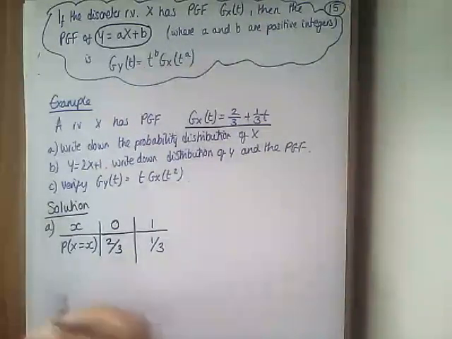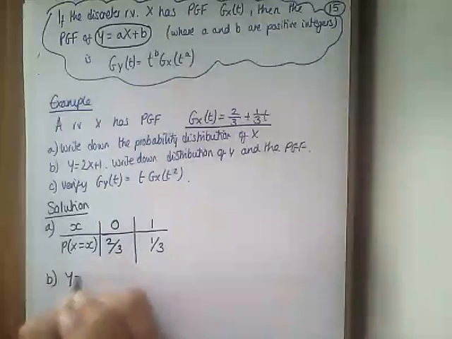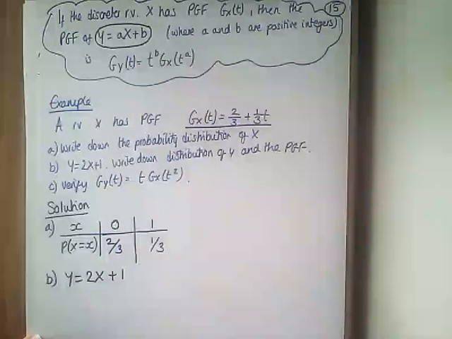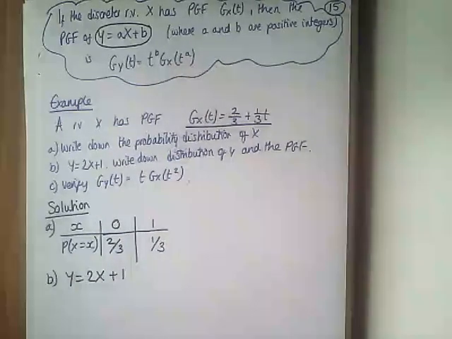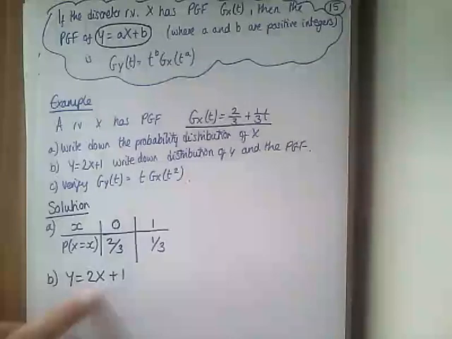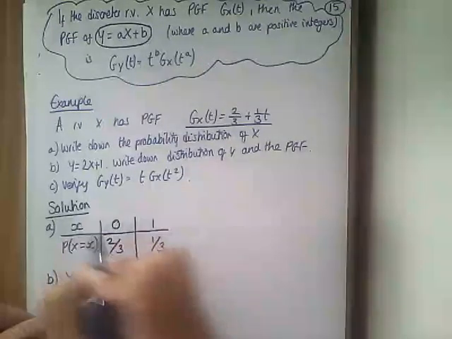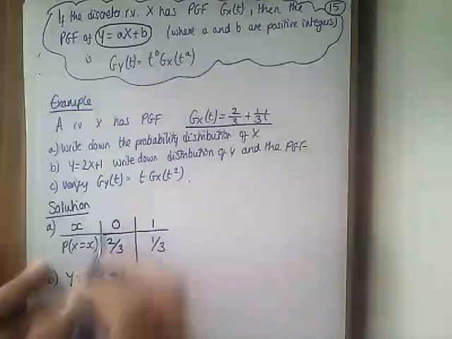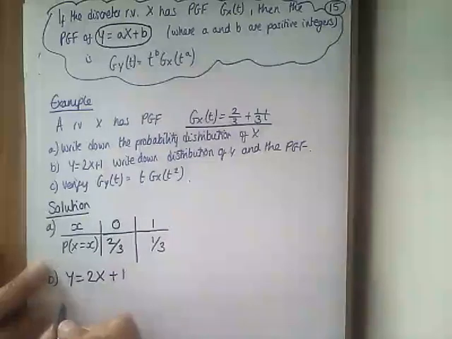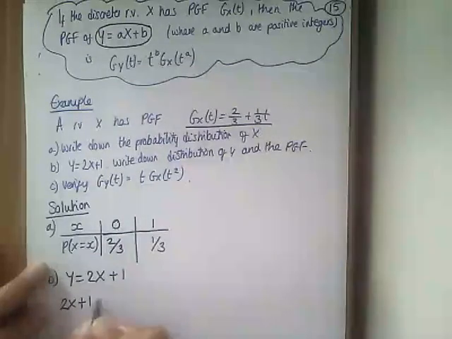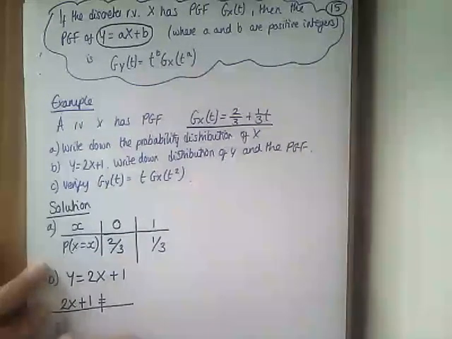Okay, right, then we've been given this function, y is 2x plus 1, and we have to write down the PGF. Okay, so we're going to do that by putting it into this box here. So 2x plus 1 is going to be our y, and then the probability that y equals y.